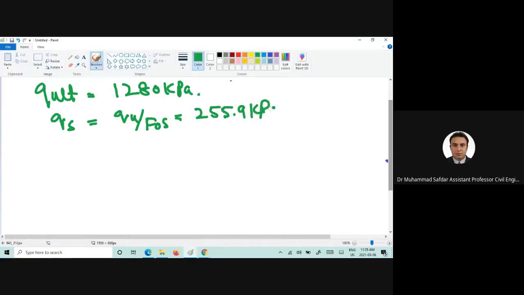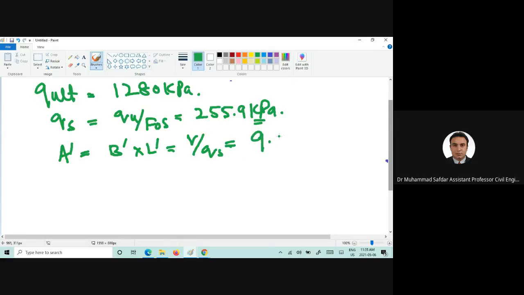Okay, that's good. Now for the effective area, we can find out the desired area to give us the safe bearing capacity of 255.9 kilopascal using the factor of safety of 5.